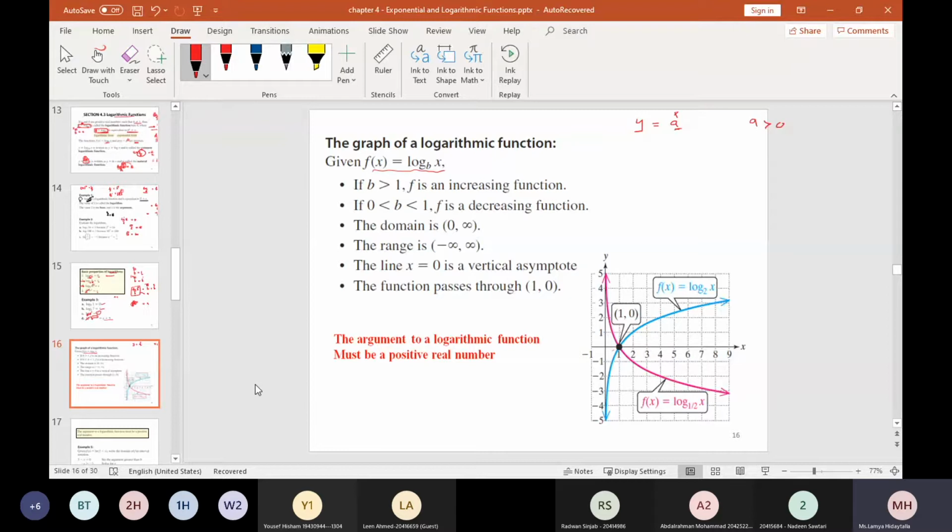And then we took two conditions, correct? The first one is a greater than 1, and we talked about this function. We found that it is an increasing function passing through the point 0, 1, the x-axis is an asymptote, and so on. The other function was a which is greater than 0 but less than 1.